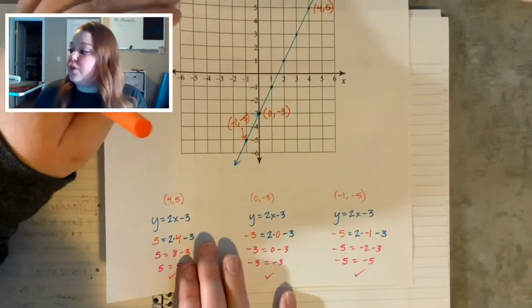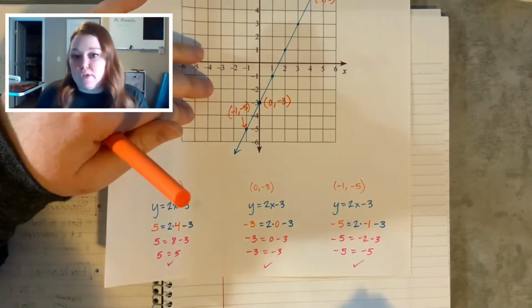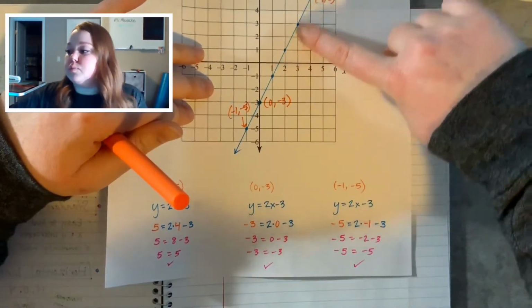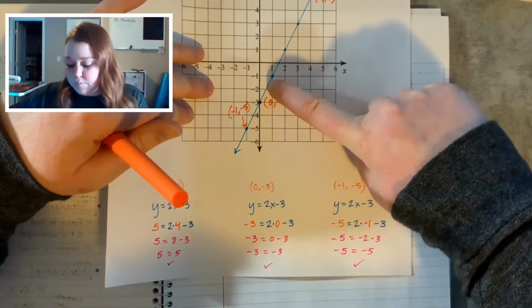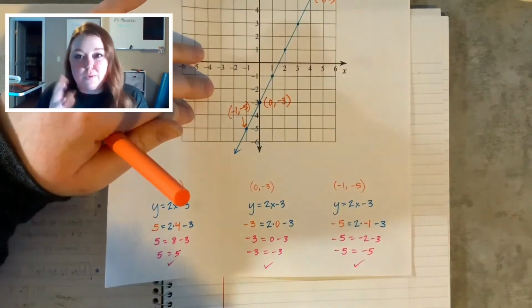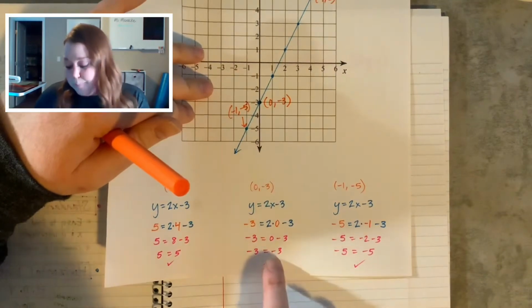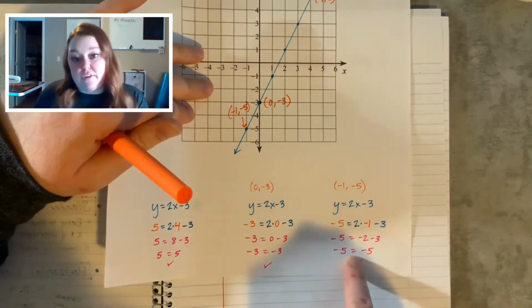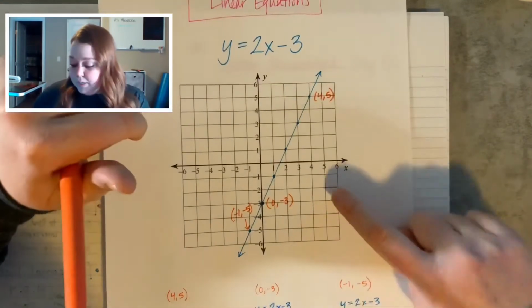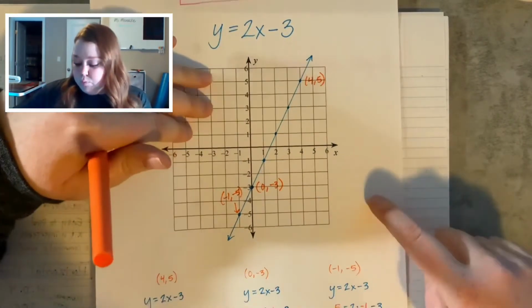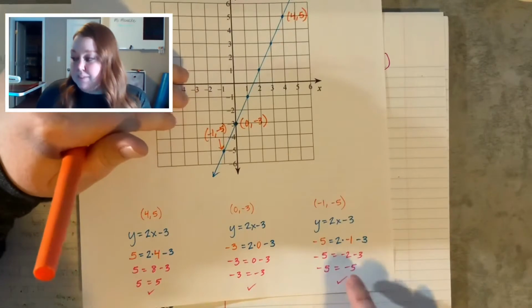And I did that with the other points as well, just so you could double check my math here. So any point along this blue line, even if it was like in between and kind of an ugly one with decimals or fractions, if you were to plug it in, it would still come out to be a balanced equation down here. What would happen if we plugged in a point not on the line is that it wouldn't be balanced at the bottom.